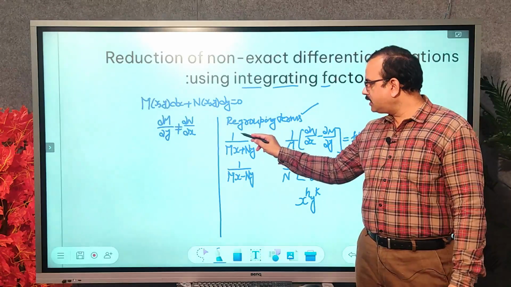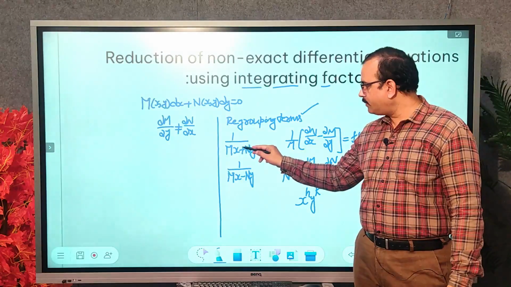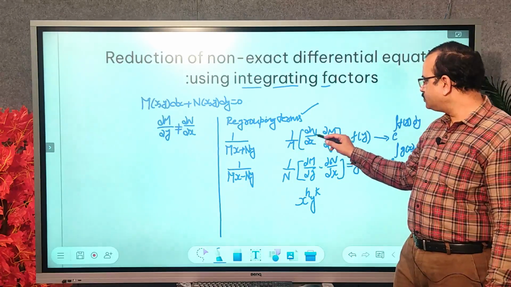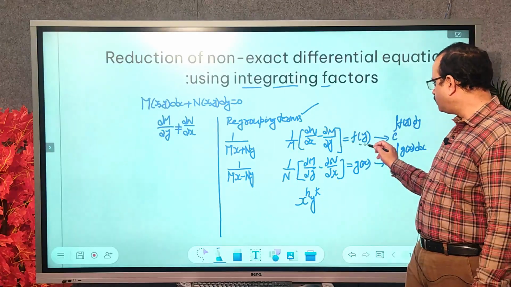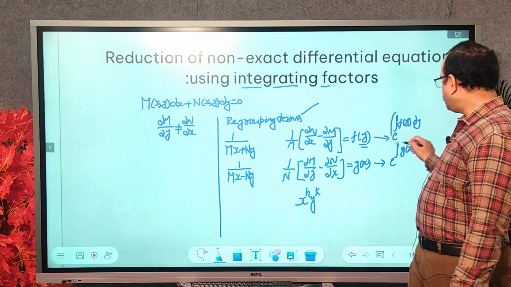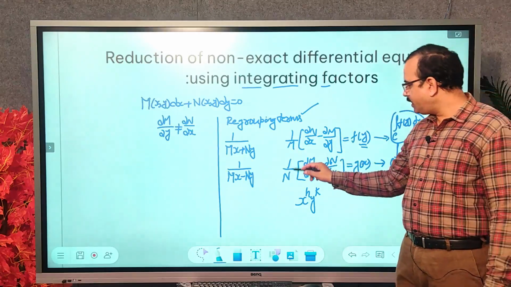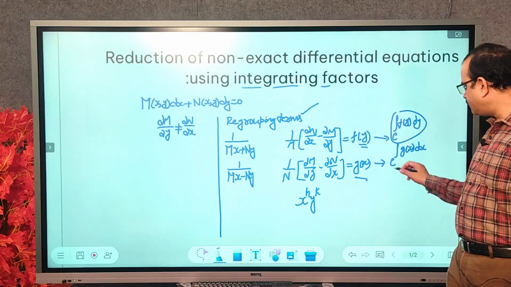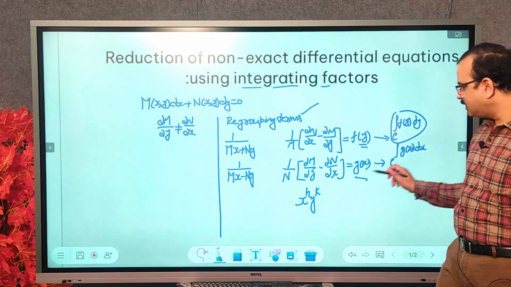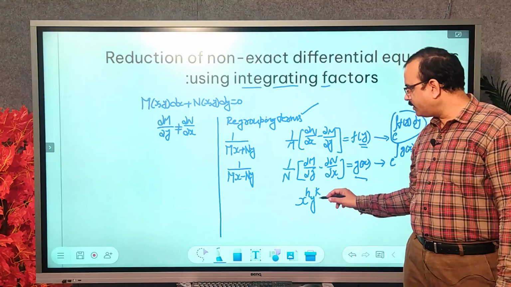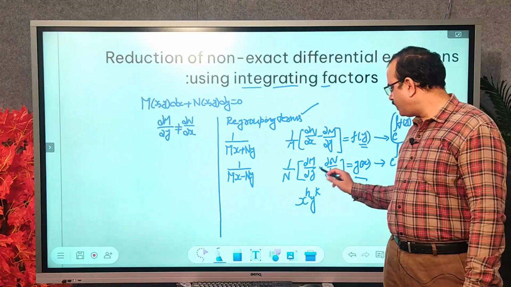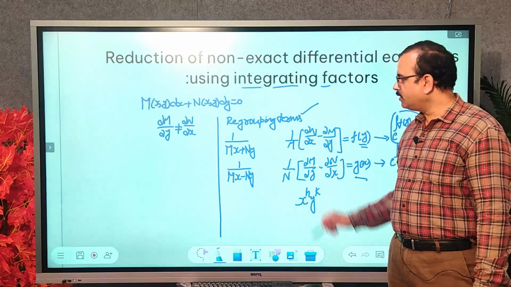Another one is the integrating factor of the form 1 by Mx plus Ny, or 1 by Mx minus Ny, or otherwise if the expression is a function of y alone, the integrating factor will be like this; if it is a function of x alone, e power integral g of x dx; and another one is x power h into y power k. So 1, 2, 3, 4, 5, 6 choices we have.